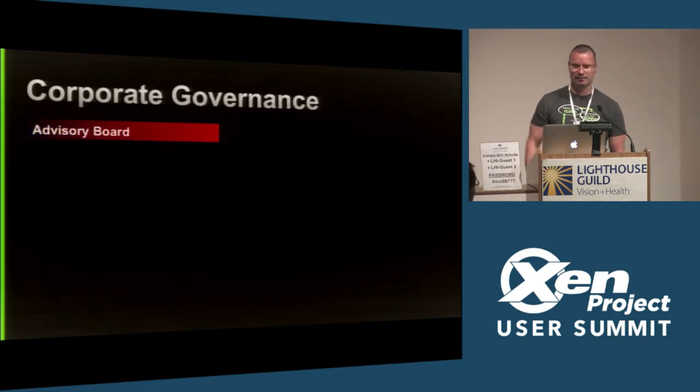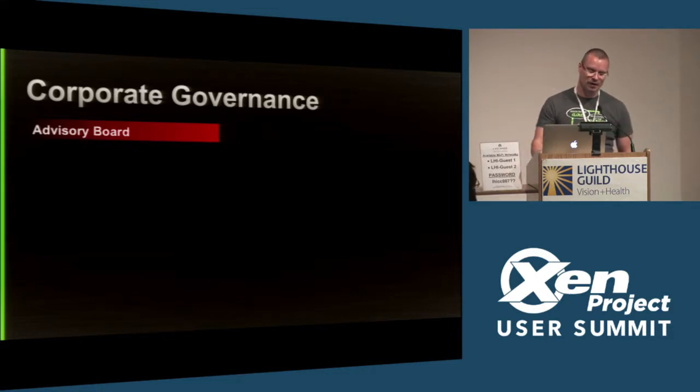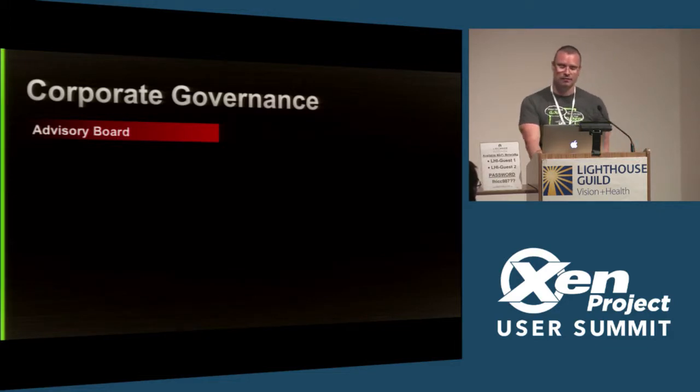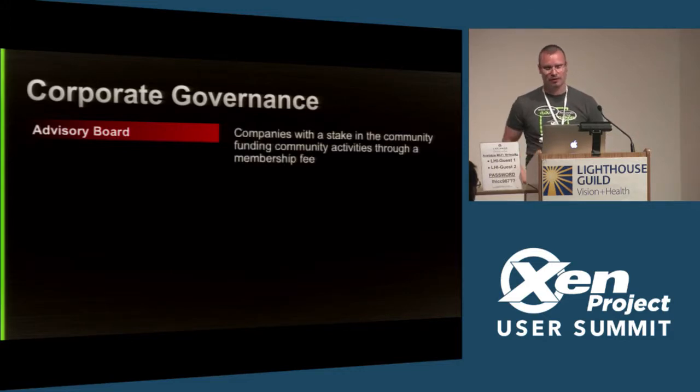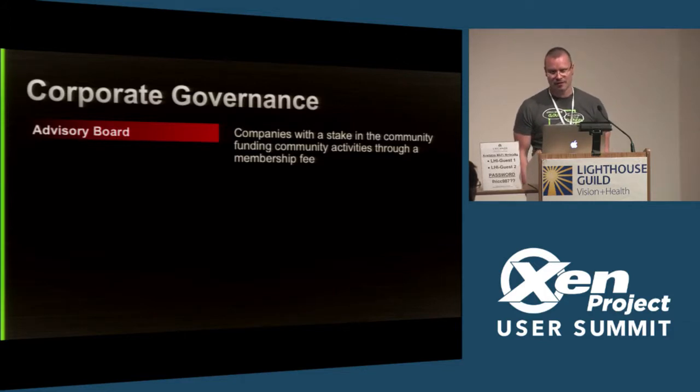On the other hand, we have corporate governance, right? So this was the community aspect. When we moved to the Linux Foundation a year ago, we moved to a model where companies with a stake in the community could actually help the community with funds.